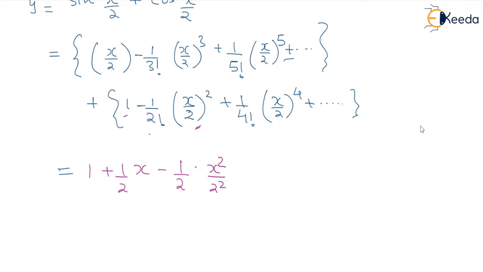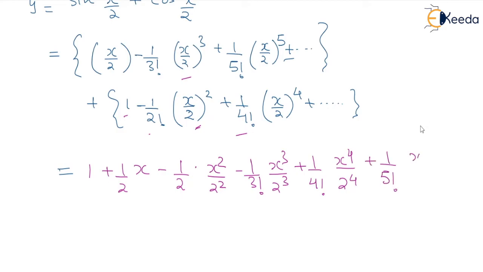X cube, yes, we have x cube, so minus 1 by 3 factorial x cube by 2 cube plus 1 by 4 factorial x to the power 4 by 2 to the power 4 plus 1 by 5 factorial x to the power 5 by 2 to the power of 5, and so on.